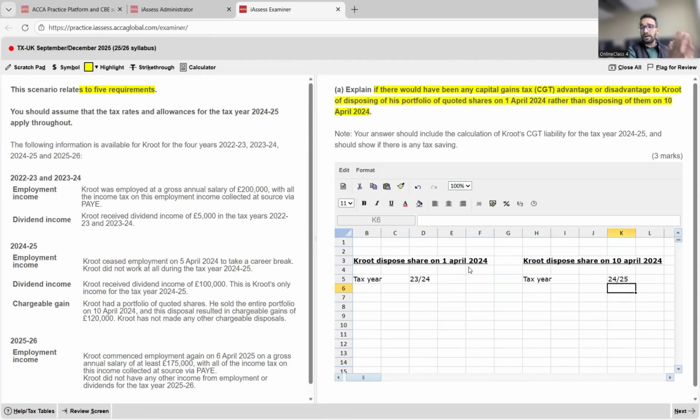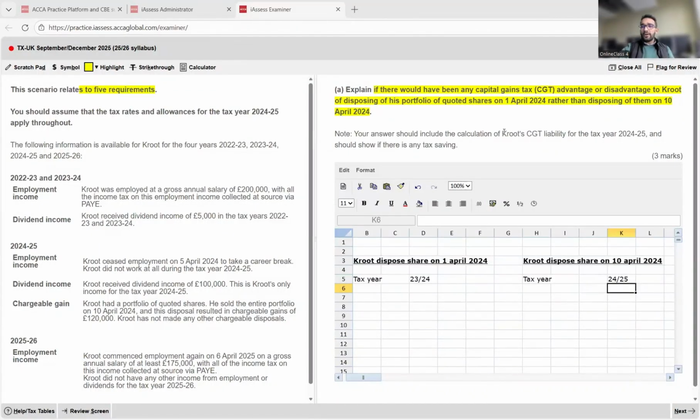Now this is very important. Now we are going to the data. You should assume the same tax rates and allowances. In the whole scenario, we will be applying the same tax data, the rates and all relevant things for tax year 24-25.